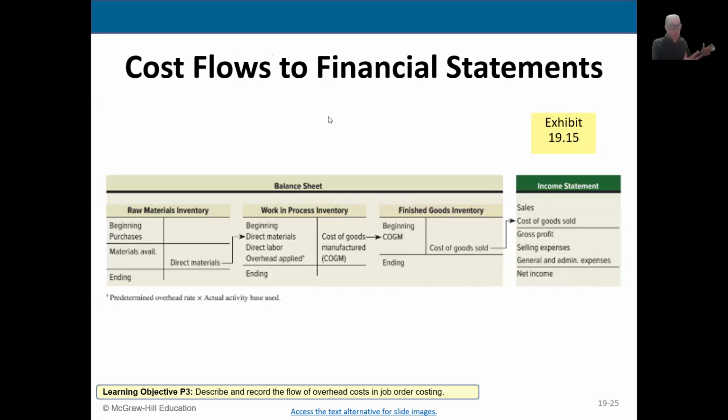And of course, just as before, we want to follow our costs. We base off the physical flow, moving from raw materials into work in process, out of work in process, into finished goods, and then eventually cost of goods sold. It shows you the physical flow.